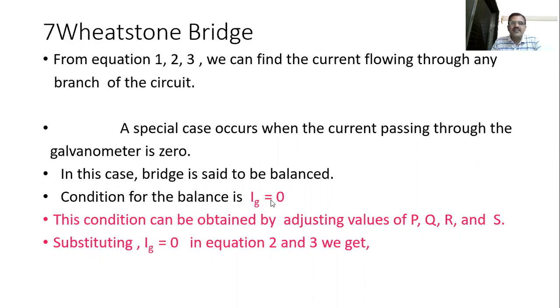The condition for balance is Ig is equal to 0. This condition can be obtained by adjusting the values of P, Q, R and S.